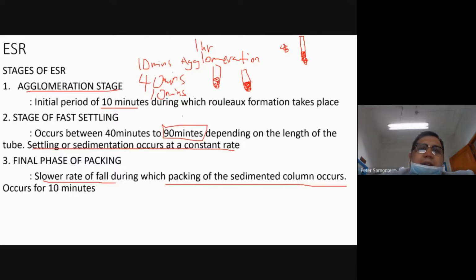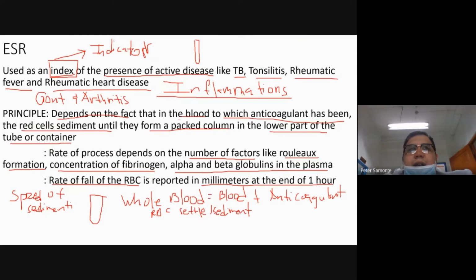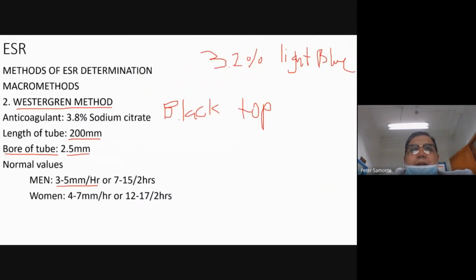So yung 90 minutes na to, you could use this pag 2-hour method yung gagamitin. So for the normal value sa 1-hour method ng Westergren nyo is 3 to 5. For 2 hours, it's 7 to 15 per 2 hours. While for the women, it's 4 to 7 millimeter per hour or 12 to 17 millimeter per 2 hours.